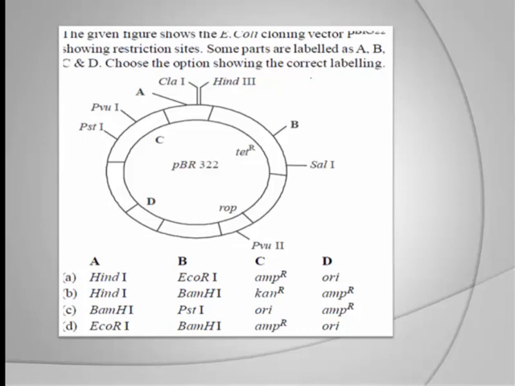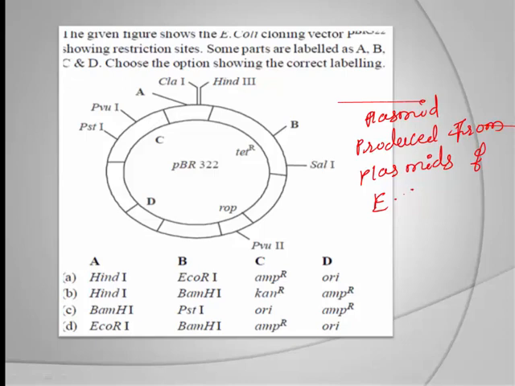So this one is the artificial plasmid about which we are talking here, produced from plasmids of E. coli.